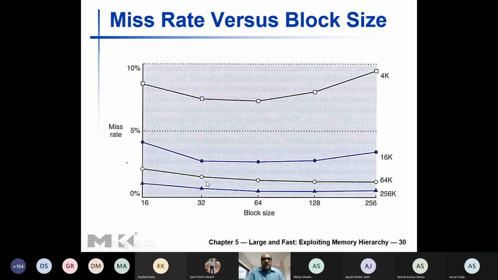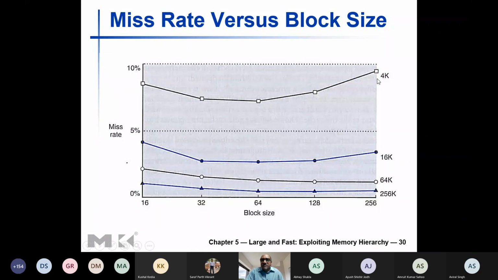Now we can see the effect of block size on the miss rate. You can see this diagram: the y-axis is the miss rate and the x-axis is the block size, and these four graphs correspond to different cache sizes.